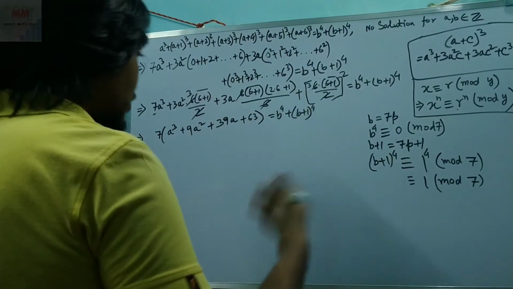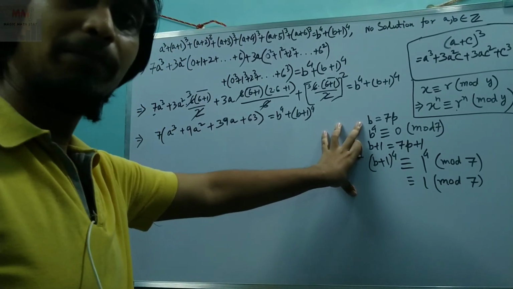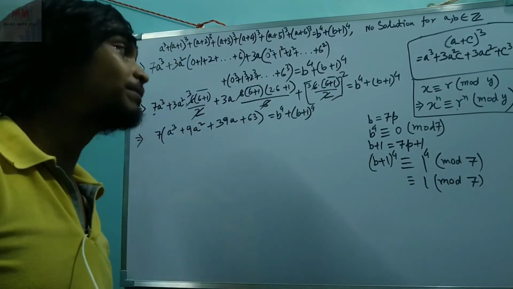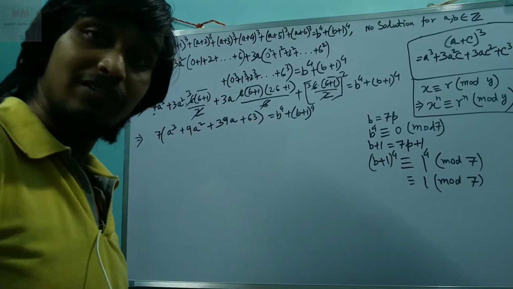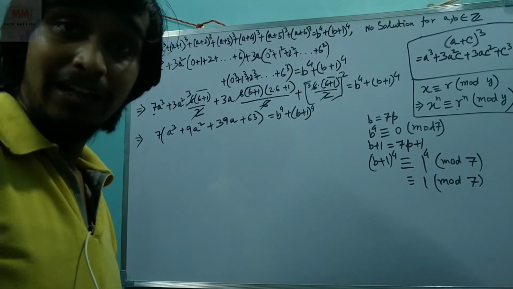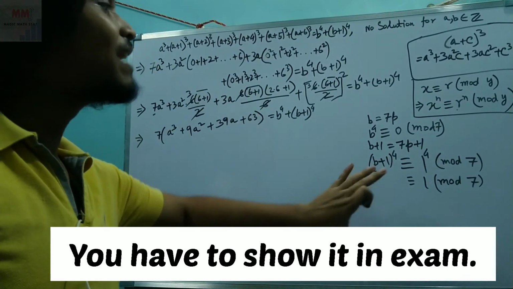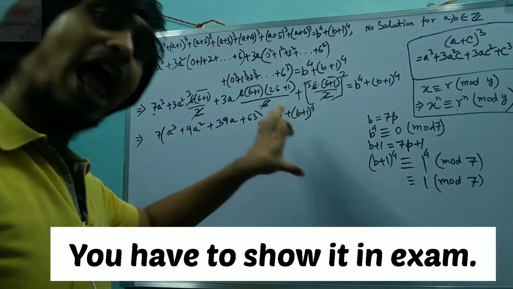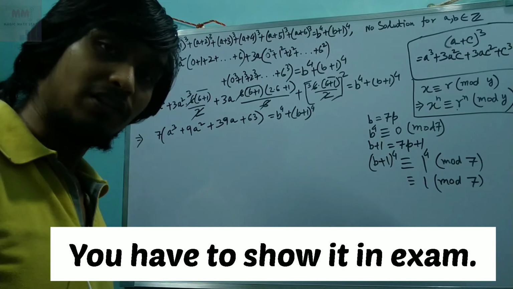Okay, but you can ask why I am taking b equals 7p. I can take b equals 7p plus 1, 7p plus 2, up to 7p plus 6. Well, obviously I can. You can try it. You will get the same result. This side will have a remainder when you divide it by 7.